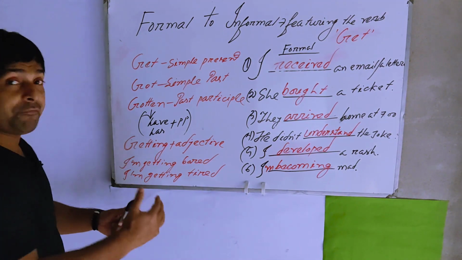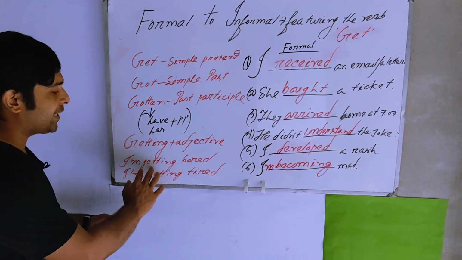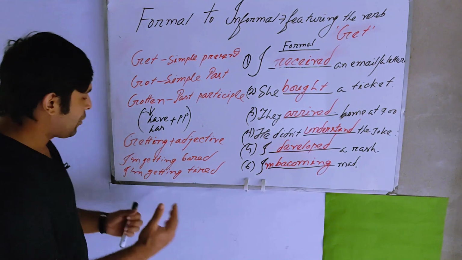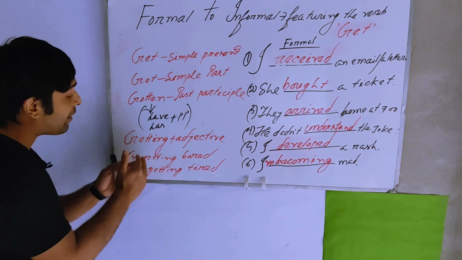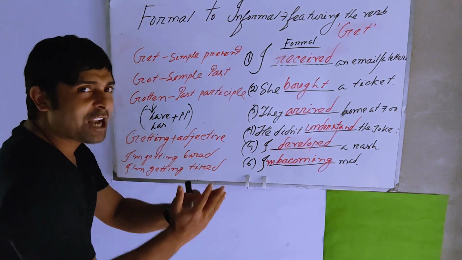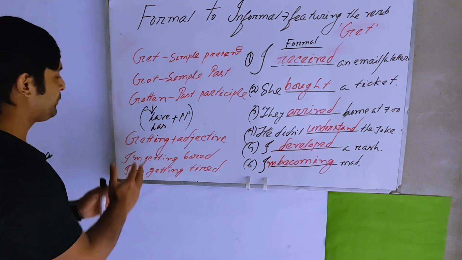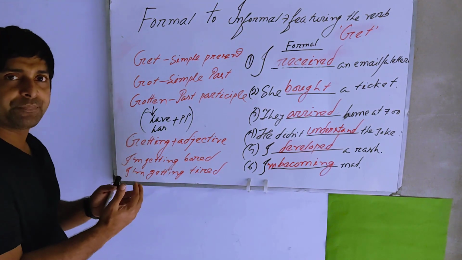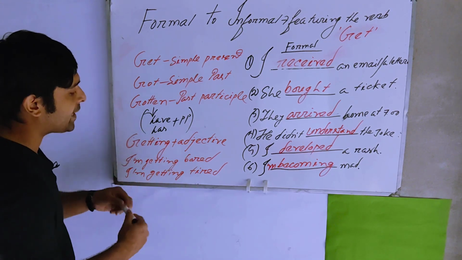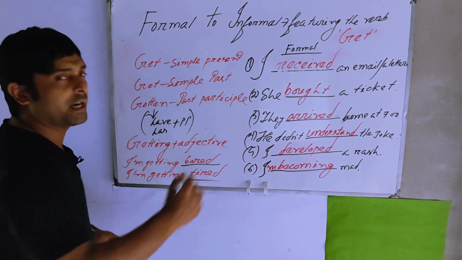But formally, you can say, I'm becoming bored or I'm becoming tired. But instead of becoming, I have used here, I'm getting bored, I'm getting tired. That is informal. And the second one, it's just getting plus adjective. Bored is an adjective, tired is an adjective.